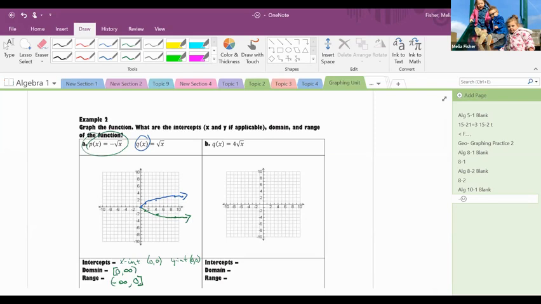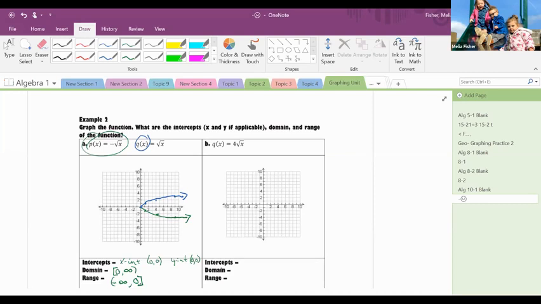Okay? What do you think is going to happen on part B? Any guesses? Yes. We're going to multiply the up values by 4.